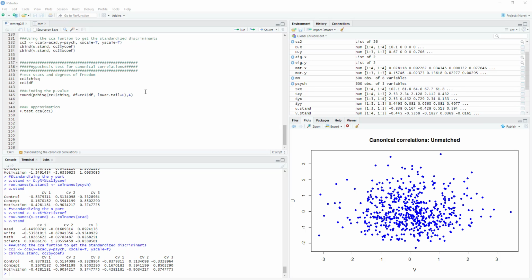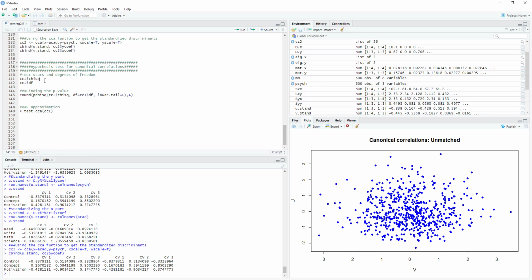And we're not going to go through the slides for them, but you can also do hypothesis tests. As long as we assume that both x and y are multivariate normal, we can do some methods of inference to figure out how many of these canonical correlations are statistically significant, actually have a relationship with one another versus just random noise that may exist.